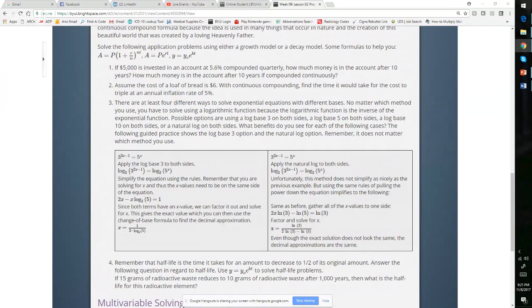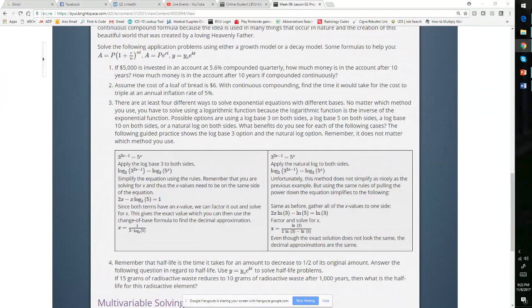My equation came out to be 5,000 times (1 plus 0.056 over 4) to the 4 times 10 power, which is the 40th power. 0.056 divided by 4 was 0.014, so it becomes 1.014 to the 40th, which is about 1.7507. You multiply that by the principal of 5,000 and you get $8,753.70. So that was the answer I got.